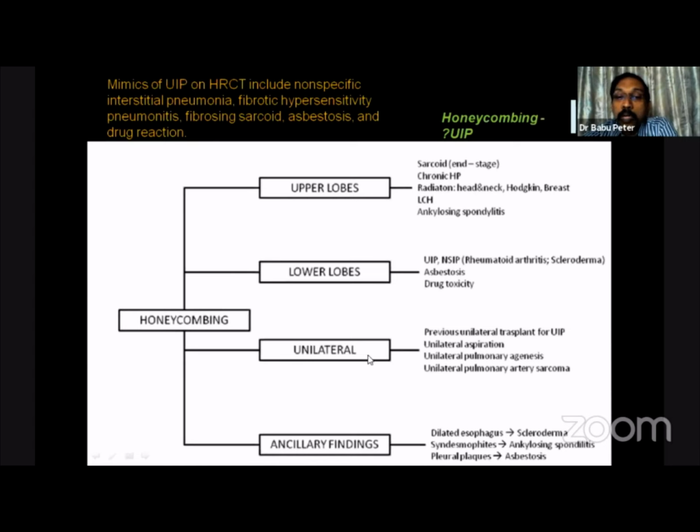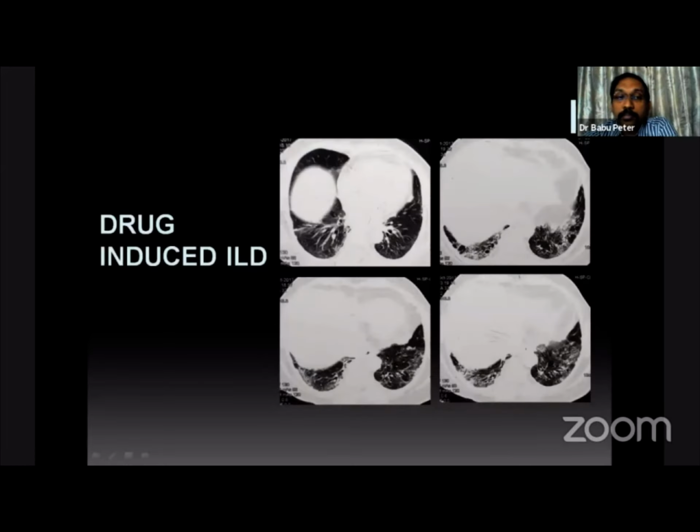If honeycombing is unilateral, it may be due to unilateral aspiration or pulmonary artery sarcomas. Recognize the ancillary findings, like a dilated esophagus, which is seen in scleroderma, syndesmophytes, which can be seen in ankylosing spondylitis, and pleural plaques, which are seen in asbestosis.